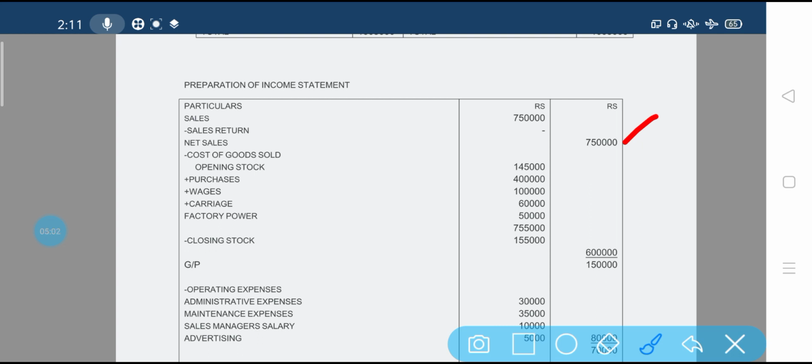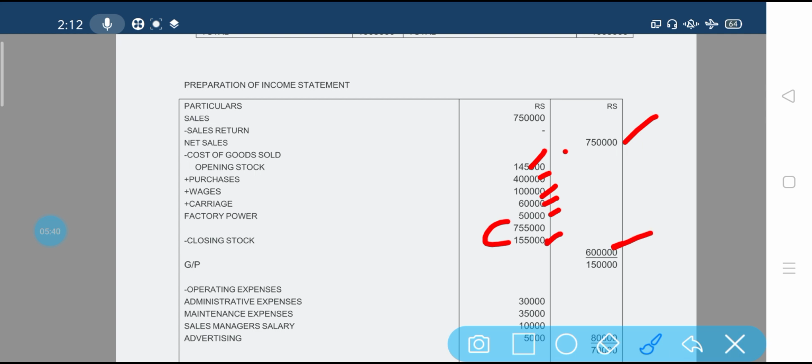So here we have taken the opening stock of rupees 1,45,000, purchases 4 lakh, wages 1 lakh, carriage 60,000, factory power 60,000. So total amounts to 7,55,000. Closing stock is 1,55,000, which is deducted. Then the cost of goods sold is 7,55,000 minus 1,55,000, that is 6 lakh.